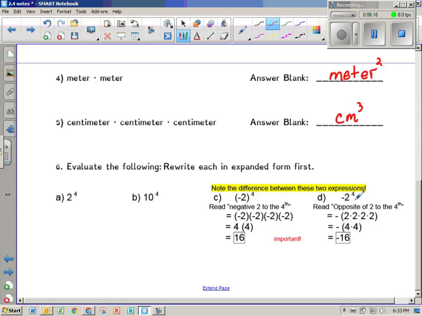And it's important that your notation matches what you're trying to represent, because these two things could both be legitimate parts of a problem, but they come up and they're simplified very, very differently. So you got to make sure you know what you mean. Well, now we already know that 2 to the 4th, because of our work over here, we did 2 to the 4th and then just dropped down our minus.